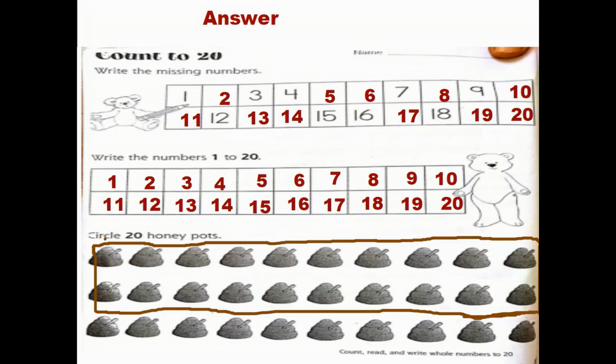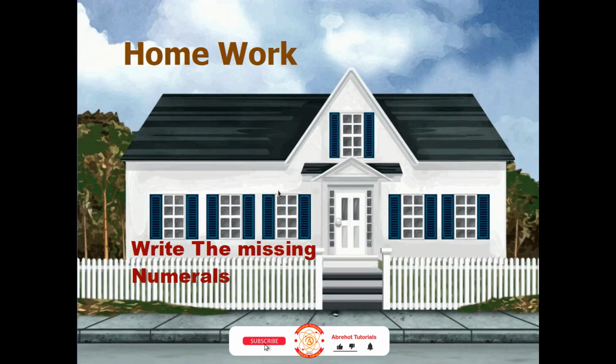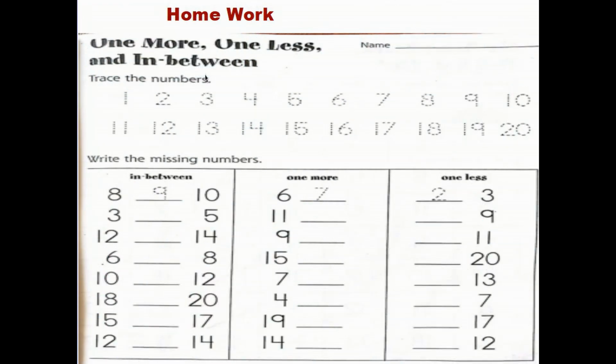All right. Now, finally, before we finish today's lesson, I will give you one homework that you are going to do at home. You complete it at home. You have one more, one less, and in between.